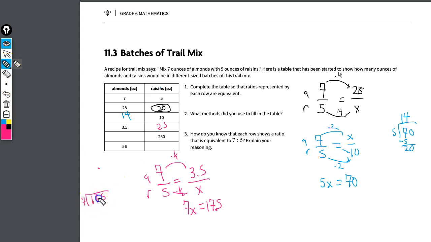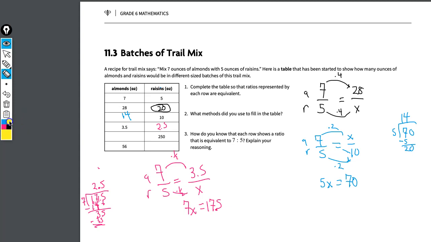So 7 doesn't go into 1. It goes into 17, though, and it goes in twice. 2 times 7 is 14. So subtract, 3. I'm going to bring my decimal point up right there. I'm going to bring down this 5. 7 goes into 35 5 times, because 5 times 7 is 35. So that's where that comes from. So 2.5, just like I said.